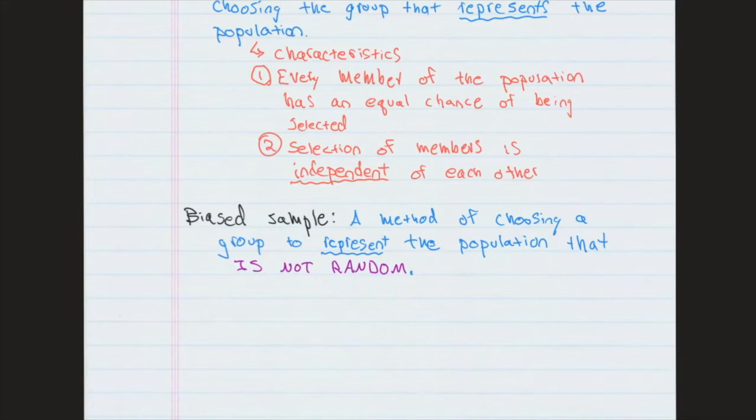Some examples of biased sampling. Let's say I want to see on average how many minutes per day you play video games. My population is going to be everybody in the district and their families. Then I decide as my sample, I'm going to sample all of the adults.